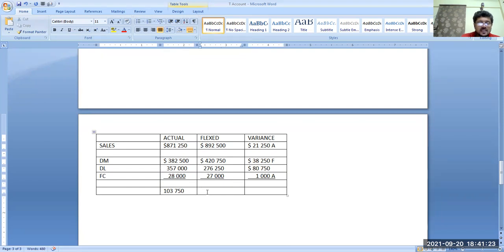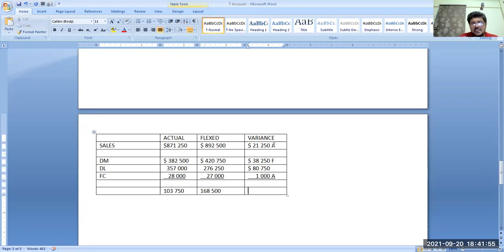Flex profit should have been 892,500 minus 420,750 minus 276,250 minus 27,000. It is 168,500. So the difference, minus 103,750, is 64,750.